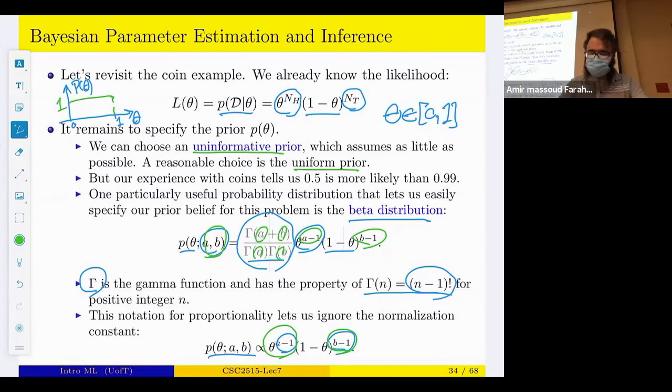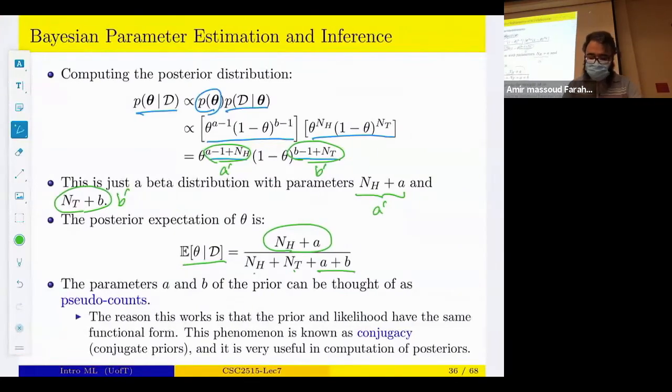Okay, I guess that's a good question. Because if it becomes a uniform distribution, then it should become maximum likelihood estimation. We only have the likelihood in the posterior, so it should be the same as maximum likelihood. I need to check it, but I'm not sure. Maybe there is a -1 and -2 here.